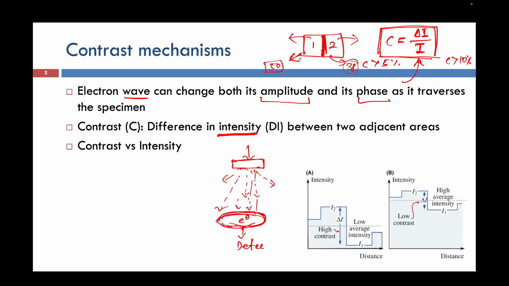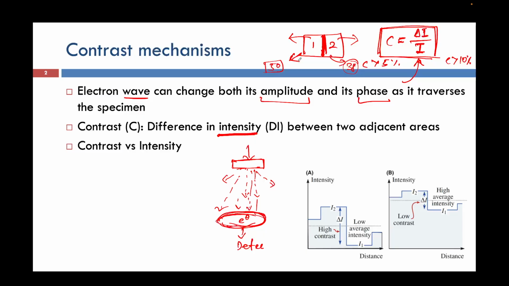So do not get confused between contrast and intensity, because intensity is how many electrons your detector is detecting per unit area, right? And contrast is the ratio of the intensities.